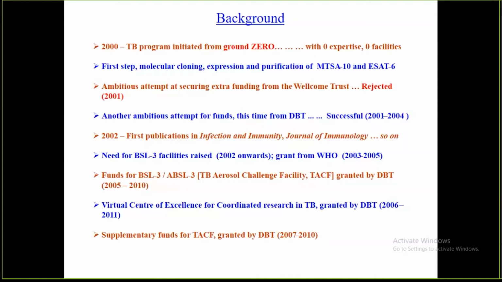In between, in 2004, I had also organized one international TB symposium where a lot of people from all over the world came, from South Africa, Valerie Mizrahi, from NIH, Cliff Barry, from Cornell University, and so many people from all over the place.